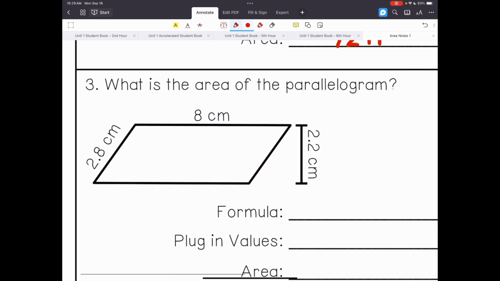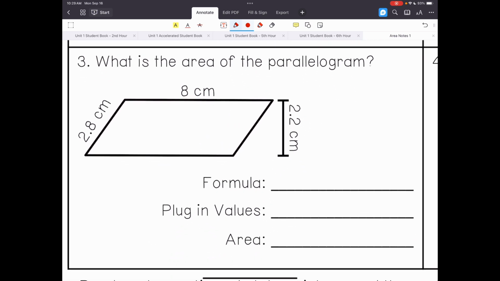All right, here is a tricky one. So the parallelogram, we know that the formula is the same as a rectangle, so base times height. But we have 3 different measurements that are showing up. So which one is the correct base, which one's the correct height? Looking at this, you're looking for 2 measurements that meet at that 90-degree angle.